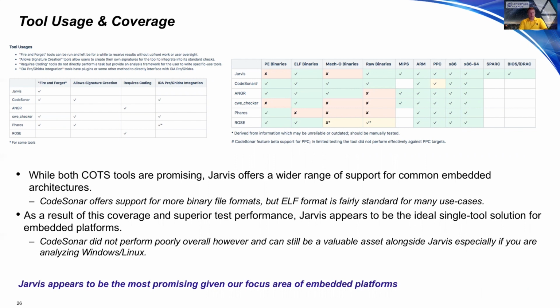But if you have very skilled talent with a lot of knowledge of assembly and reverse engineering, you may be able to get some benefit out of the ROSE framework or the angr framework. So just keep that in mind. But if you're looking for that tier 1 support for somewhat of a fire-and-forget mentality, Jarvis and CodeSonar definitely appeared to be the best in that area, and it just depends on the architecture.